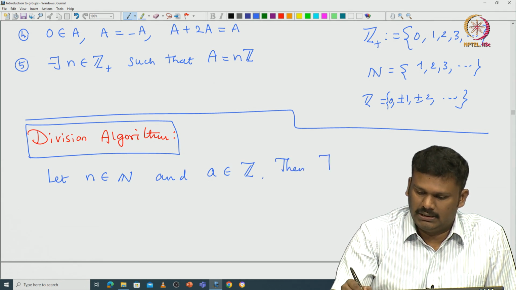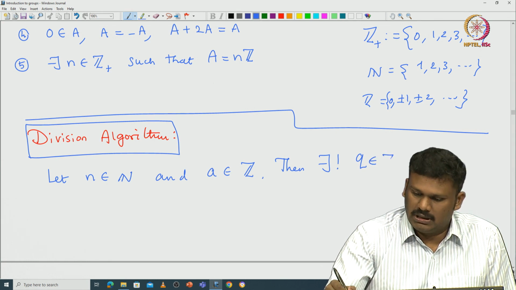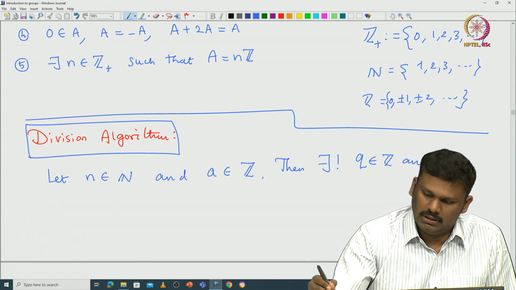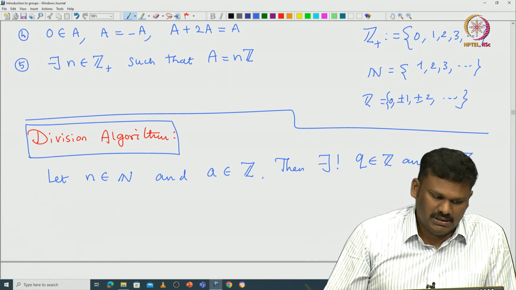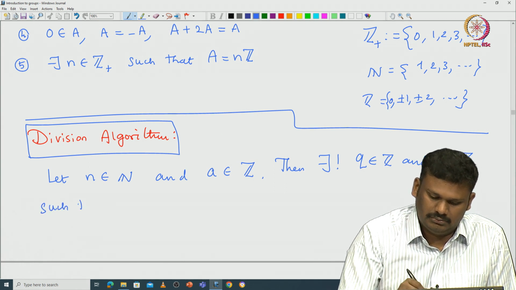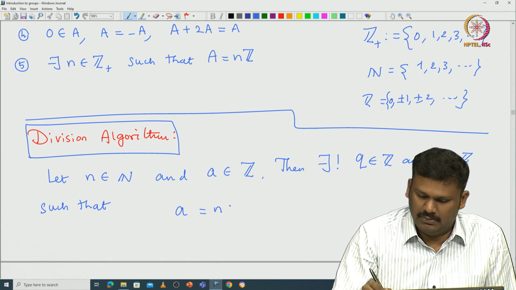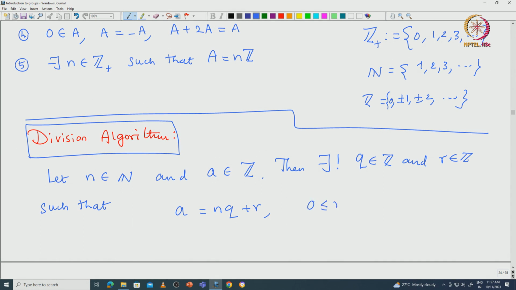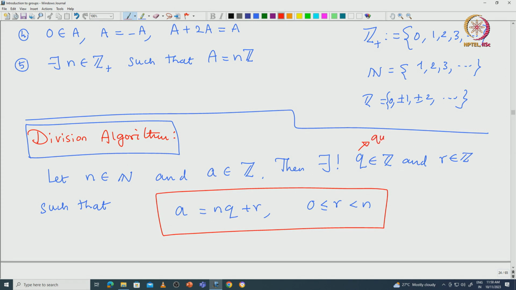Then we prove there exist unique q and r, both coming from Z, that satisfy the following properties: a can be written as nq plus r, with the condition that r is non-negative and strictly less than n. Here r is the remainder modulo n, and q is called the quotient, and r is called the remainder.